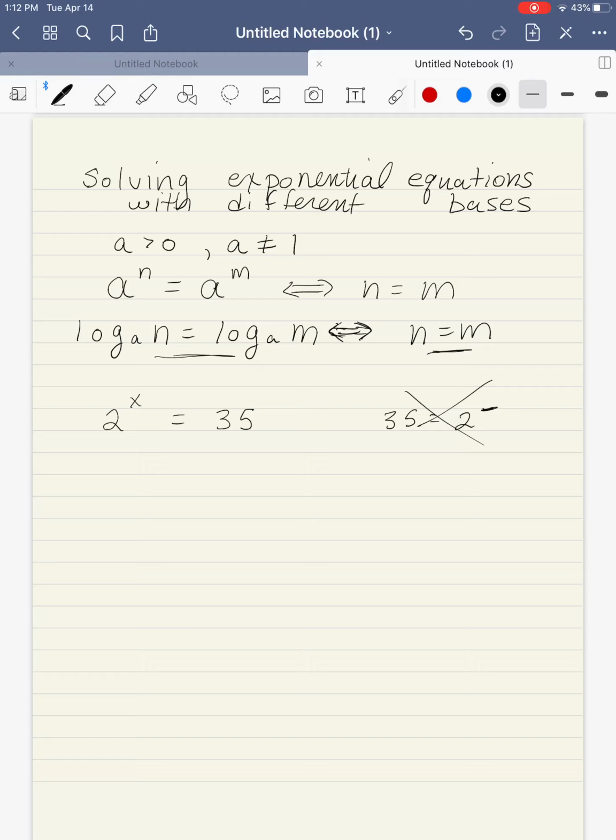It's also true that if n equals m, then the logarithm base a of n equals the logarithm base a of m. And that's what we're going to use to solve exponential equations, in other words, equations with the variable in the exponent, if we cannot get the bases equal to each other. And moving forward, in our next lesson on applications, this is going to be the primary method that we use.